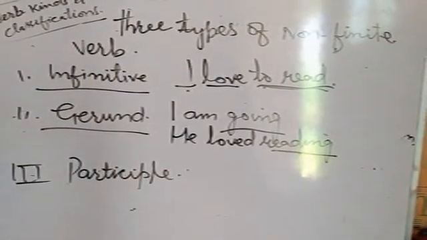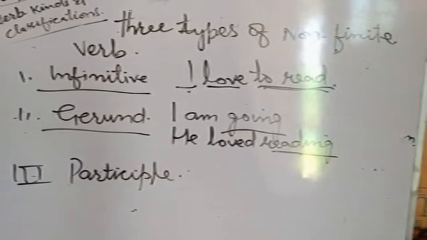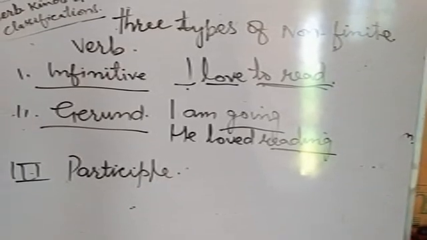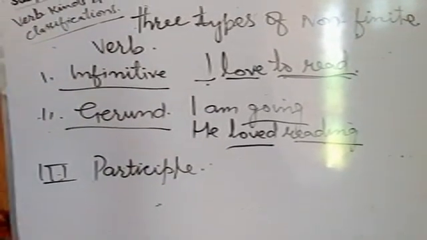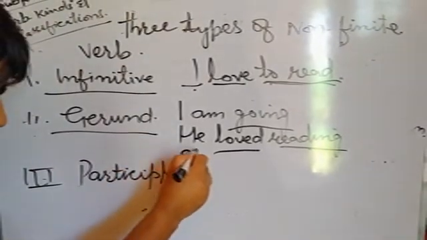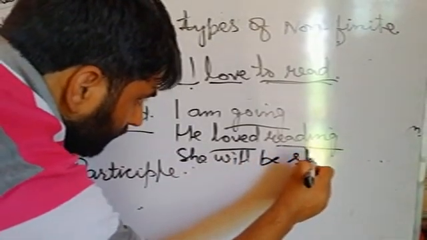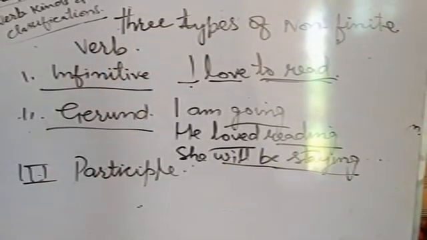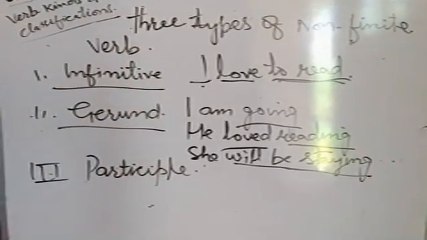Reading here is a gerund. He loved reading: loved is a finite verb here, and reading is a non-finite verb. She will be staying. In this sentence, she is the subject, will be is the finite verb, and staying is the non-finite verb.